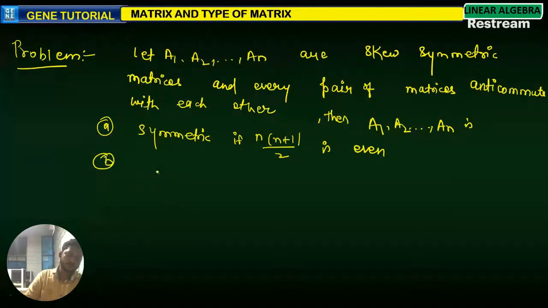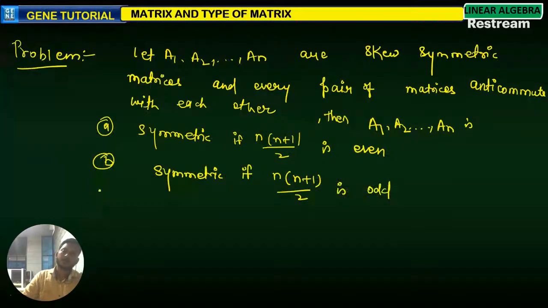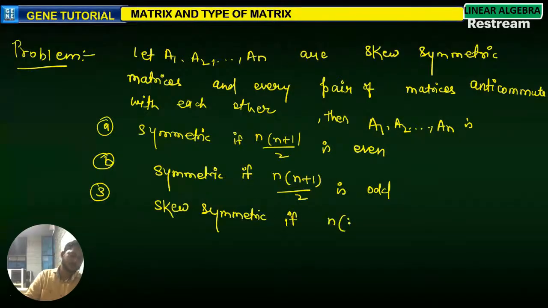Second option is symmetric if n plus 1 upon 2 is odd. Third option is skew symmetric if n plus 1 by 2 is even.